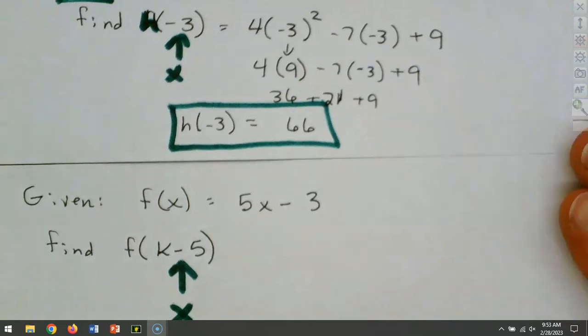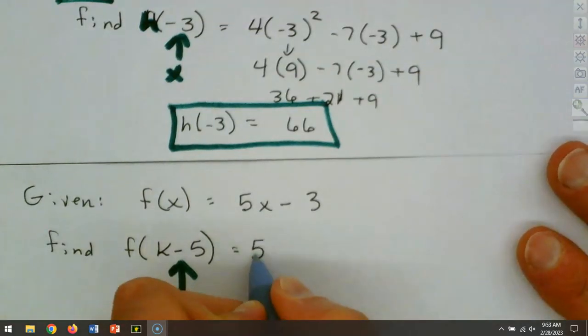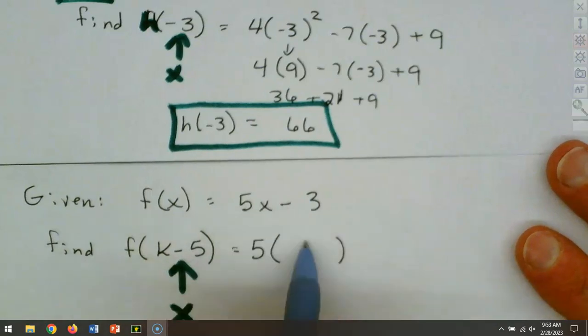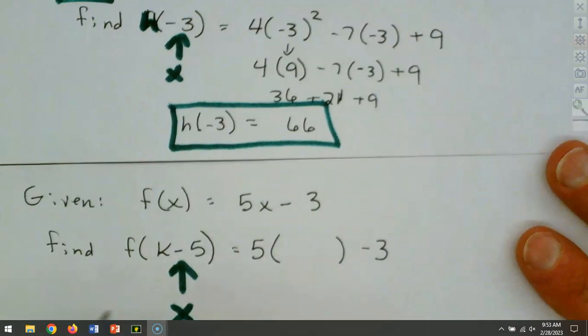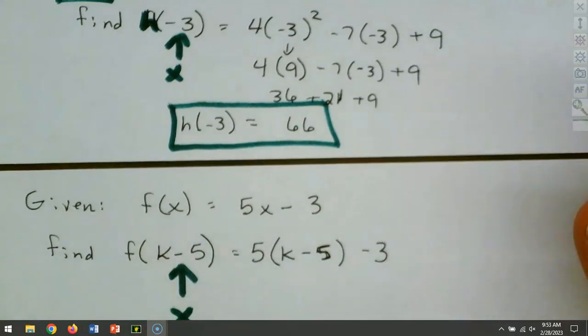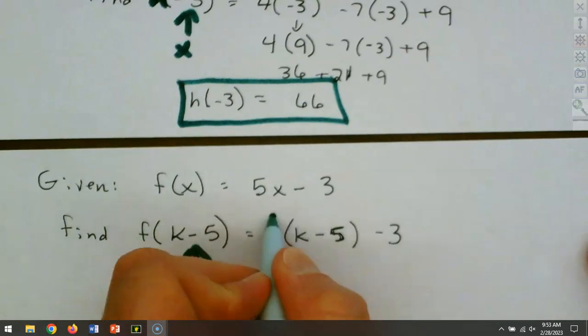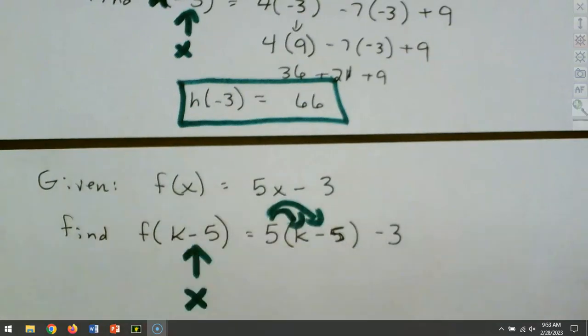So let's see what we now have. If I plug in that k minus 5, I have 5 out in front. Use your parentheses for the x. Minus 3. And what goes inside of the parentheses? That's going to be k minus 5 there, isn't it? And what do we do next? We just simply distribute through that 5.